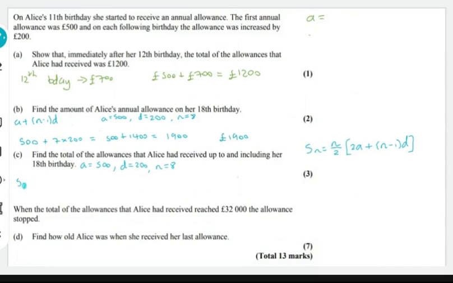So S8 equals 8 over 2, open bracket, 2 lots of 500 plus n minus 1, so 7 lots of 200, which equals 4 lots of 1,000 plus 1,400, which is 2,400 times 4, which is 9,600. Seems very big for only 8 terms, but I guess it's right.